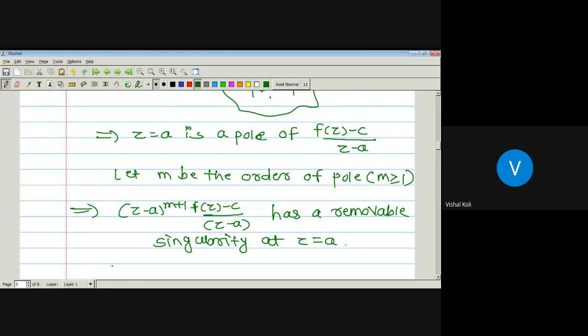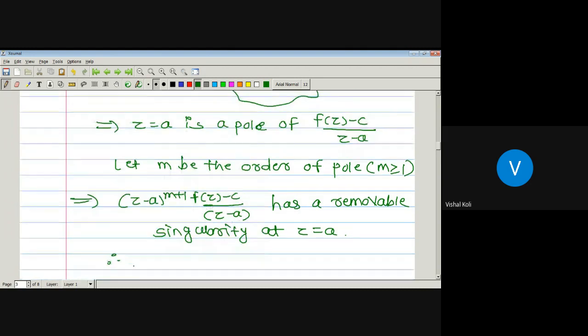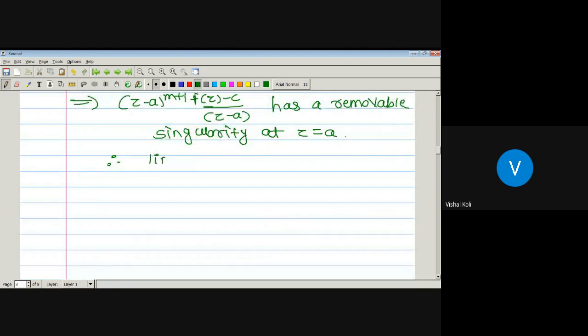Therefore limit z tending towards the point a, z minus a to the power m plus 1 into f(z) minus c divided by z minus a, into z minus a, is equal to 0, which is by the theorem of removable singularity.